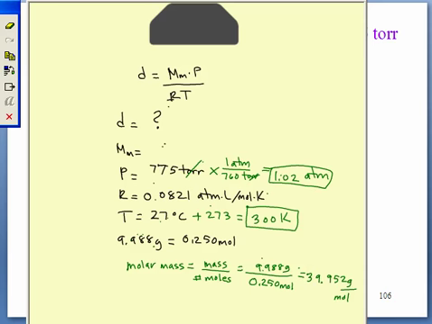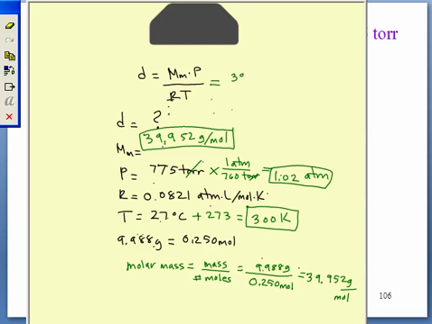Okay, so now I can go back up to my equation, and I have all of my values. Let me put my molar mass over here, 39.952 grams per mole. I have all the values that I calculated in a box here, and all I have to do now is plug into my equation.